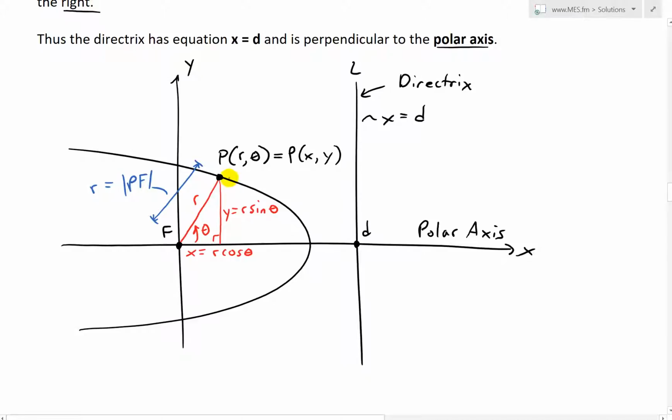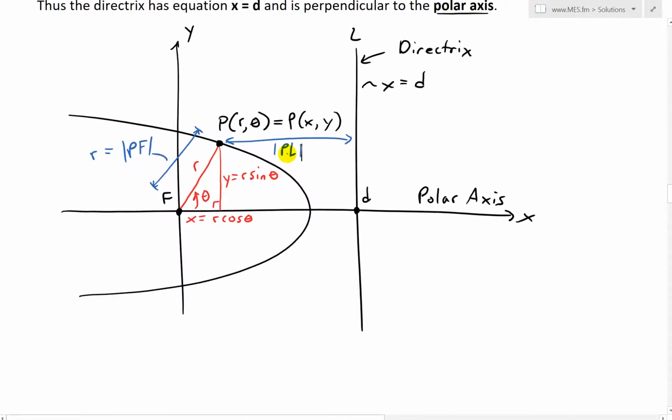And now the PL is going to be from here all the way across there. This is our distance PL like that. But we can easily see what this one is. Well, we know that the overall distance here is D. This is going to be D like that. Now this distance from here to here, that's just x, or just r cosine theta. And then basically what we could do is take the PL, I'll shift it down over here, this line, like this, and draw it all the way across here.